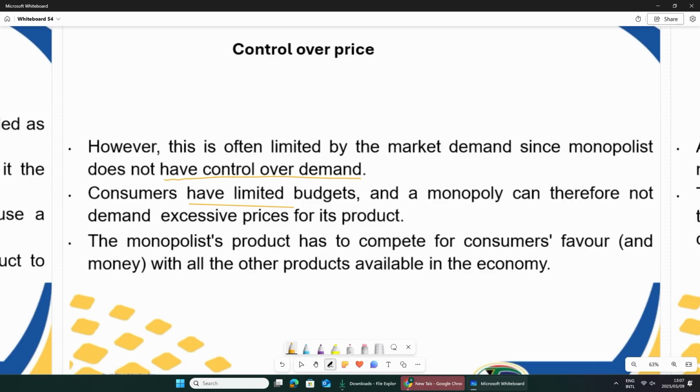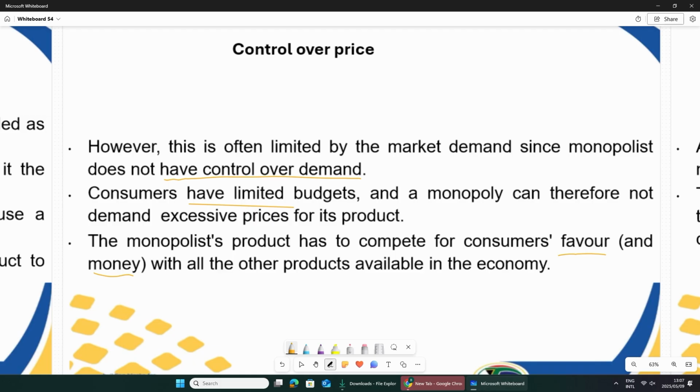A monopolist, just like any other market structure, is competing for the favors of the consumers. There are other products available. Because they compete for the consumer's favor, which means their money, they cannot charge excessively high prices, knowing that consumers will go and buy other substitutes that are available, even though they are not close substitutes.